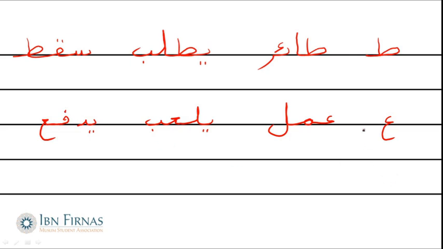غين and عين are the same when it comes to connections. So I'm gonna go to فاء and فعل and then يفقد, finally أنف.